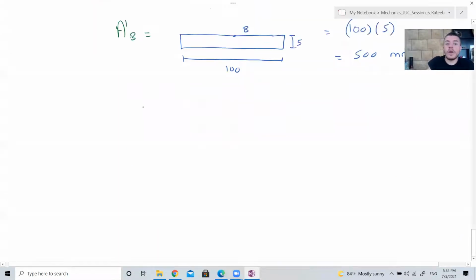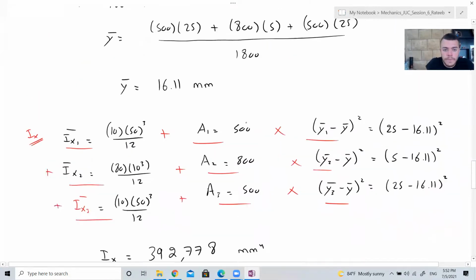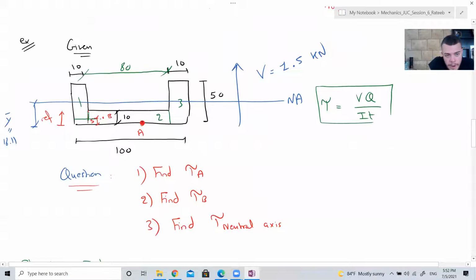Now, what is y prime b? It's the vertical distance between the centroid of area prime and the neutral axis. This is your area prime, right? We took area prime to be this. Y prime is going to be the distance between the centroid of area prime, which is here, and the neutral axis.